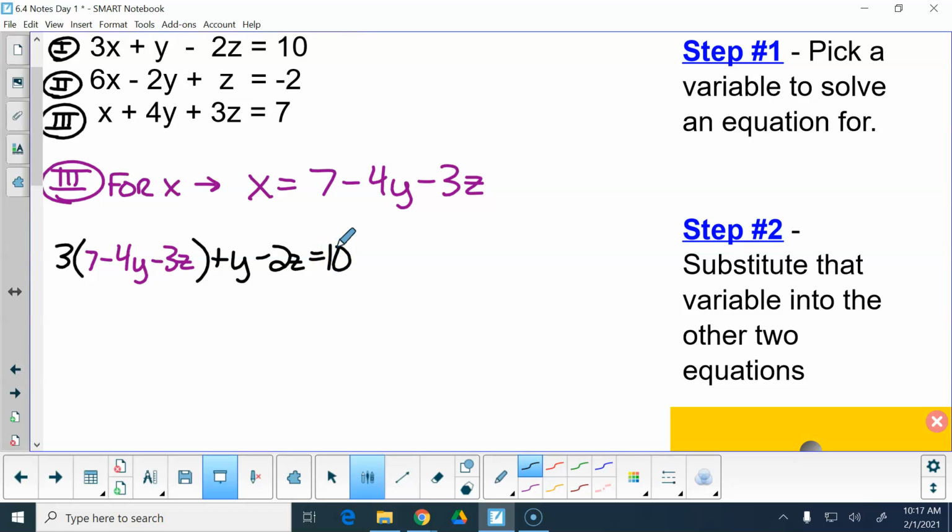And 6 times (7 minus 4y minus 3z) minus 2y plus z equals negative 2.